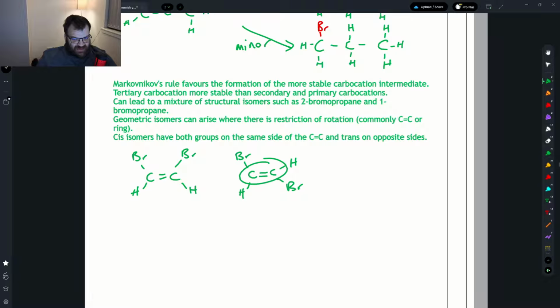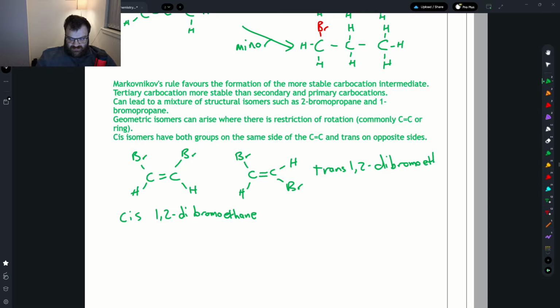That's why it's important to have this restriction of the rotation. So this would be cis-1,2-dibromoethane versus trans-1,2-dibromoethane.